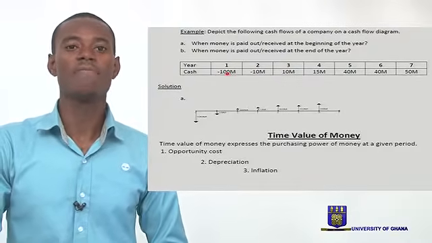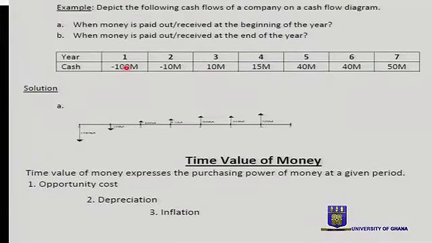And so here, if I want to represent this on my timeline of money, if I draw my diagram, my timeline of money, and I have period 1, because this is minus 100, I would draw this arrow downwards and write minus 100. Now period 2, which is this, I'll draw it downwards because it's minus 10.